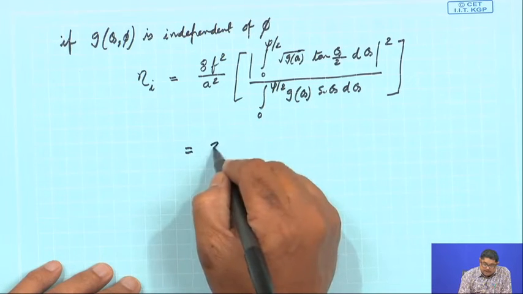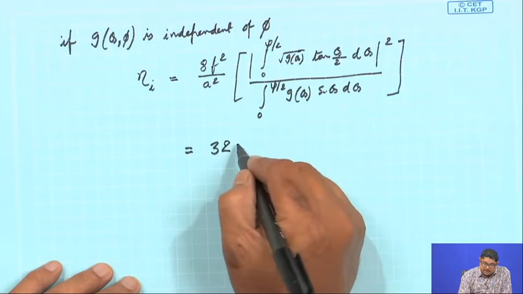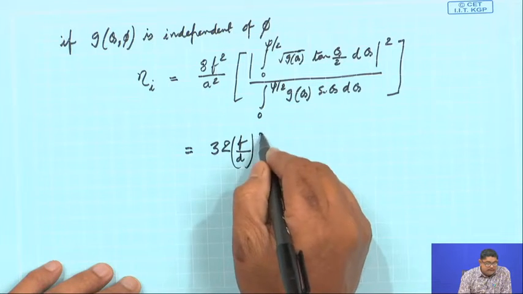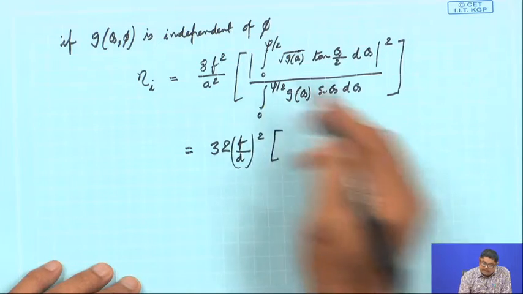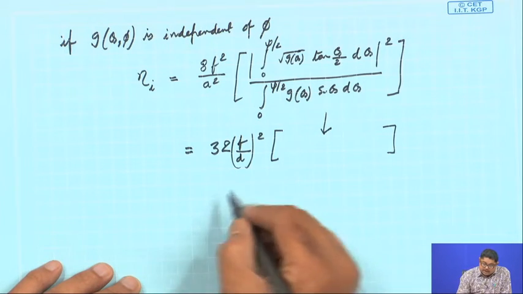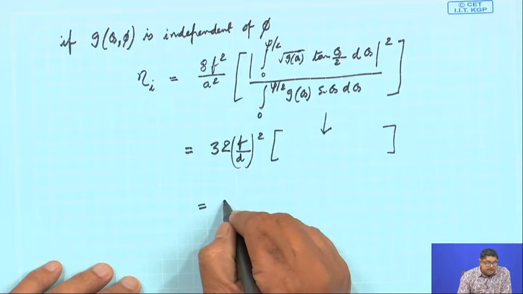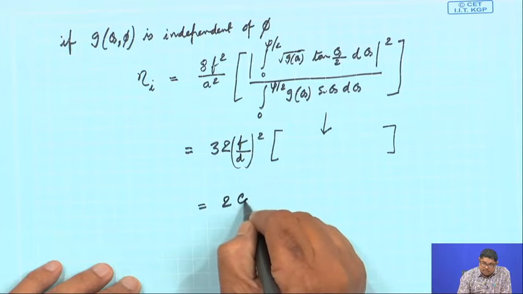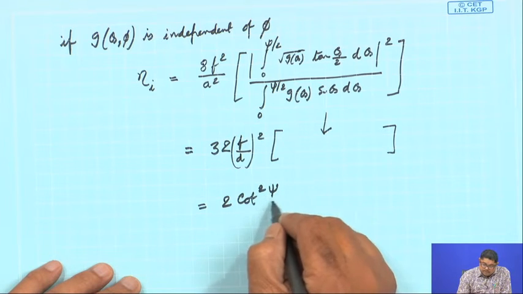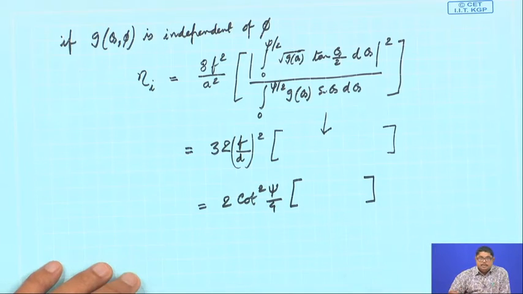So, putting that, we can write this 32, because f square by a square, from here I can write f by d square into this third bracket as it is, and that f by d ratio we have seen can be written in terms of the angular aperture as 2 cot square psi by 4 into this.